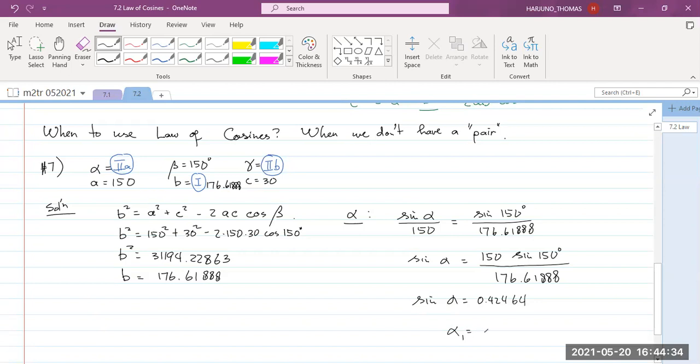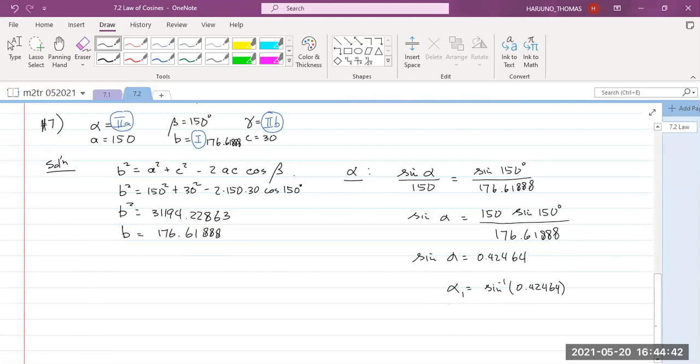So alpha 1 will be sine inverse of 0.42464. That's 25 degrees something. And alpha 2 is 180 degrees minus alpha 1.